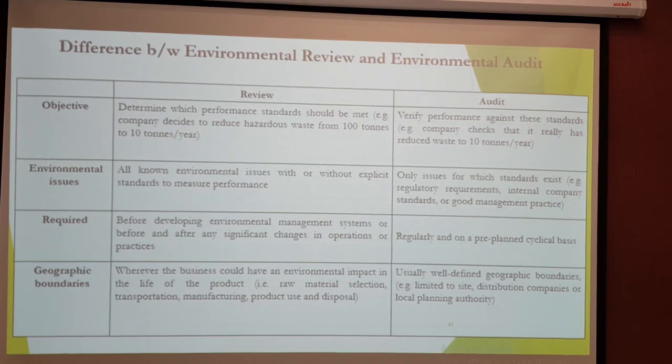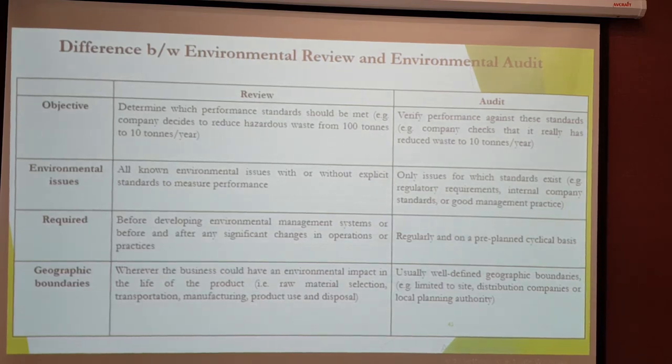The environmental review has the objective to determine which performance standards should be met. Like in case of review, the company decides to reduce the hazardous waste from 100 tons to 10 tons per year. But in case of audit, we will only verify the performance against the standard.